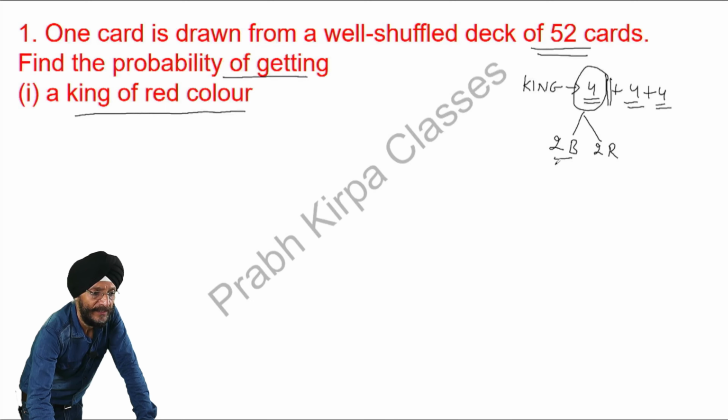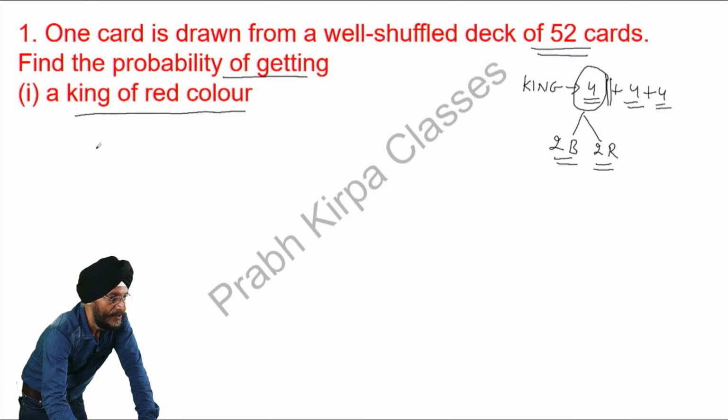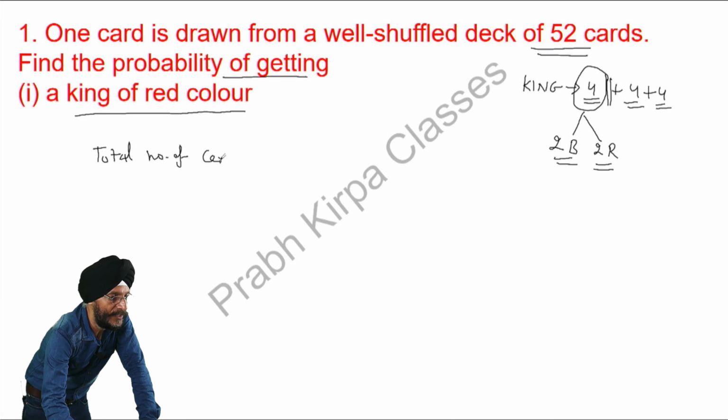We have already learnt about the same. So the total number of outcomes, or total number of cards, are 52.